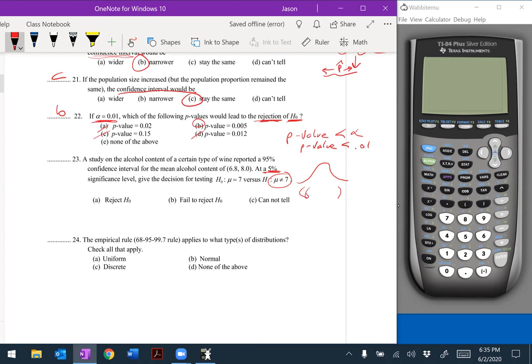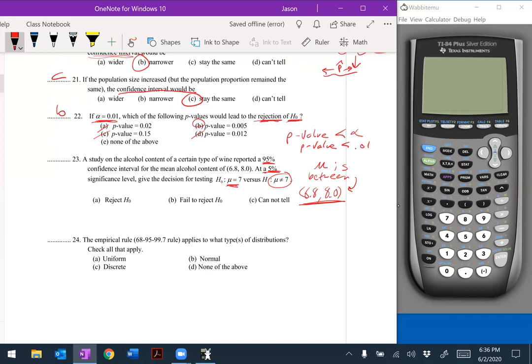If 7 is in between, then I know that there's a possibility that the mean is 7. What the confidence interval tells me is that there is a 95% chance that the true population mean, mu, is between 6.8 and 8.0.